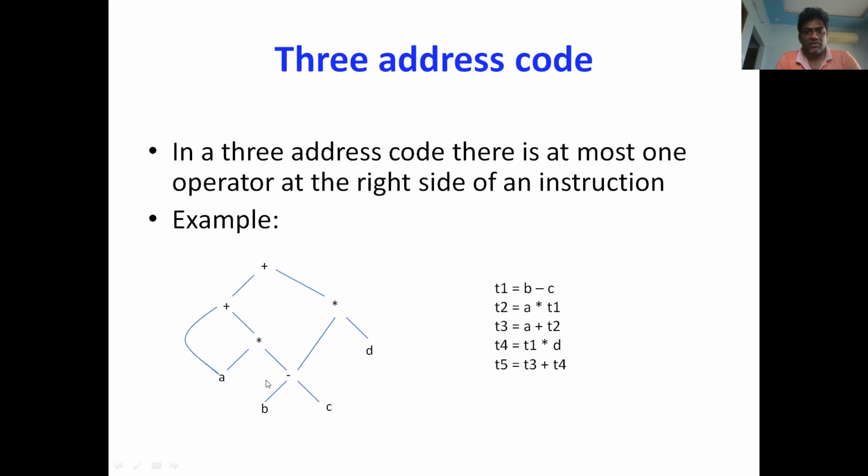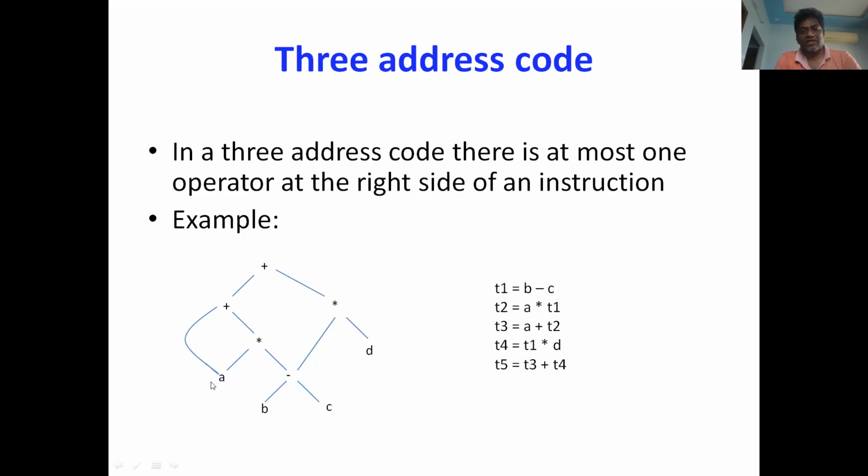So we'll begin with b minus c. This is the first to be evaluated. So b minus c is stored into a temporary variable t1. And then the next expression that gets evaluated is a into b minus c. Therefore, a into t1, because t1 is storing b minus c, is copied into another temporary variable t2.